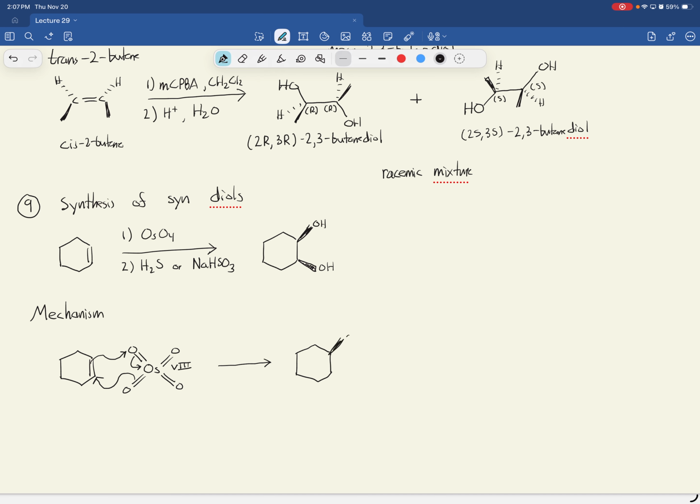And both oxygens add to the same face. And osmium has gained 2 more electrons, so that's why its oxidation state has gone from 8 to 6 right here. Like that. Okay.